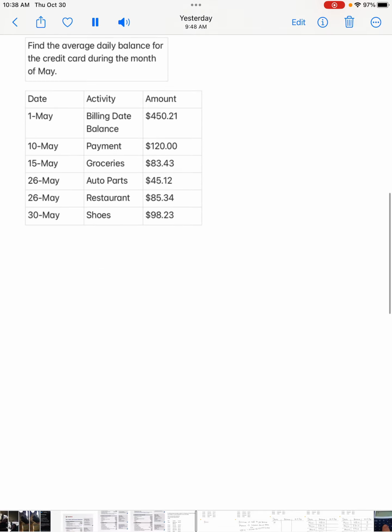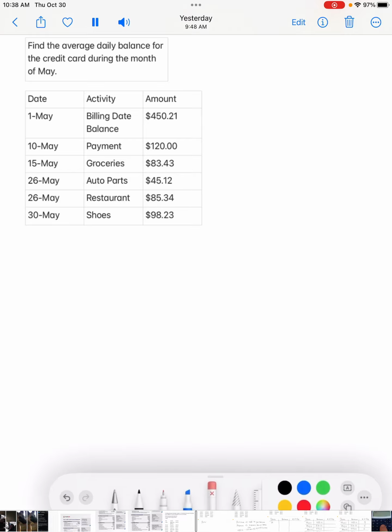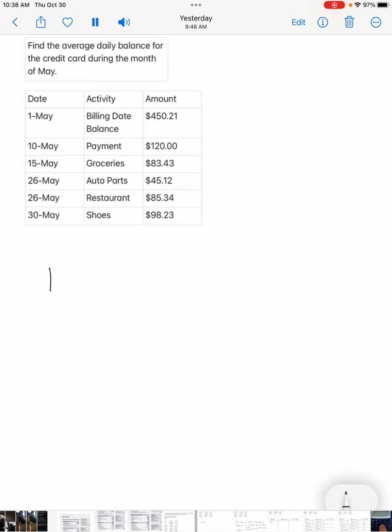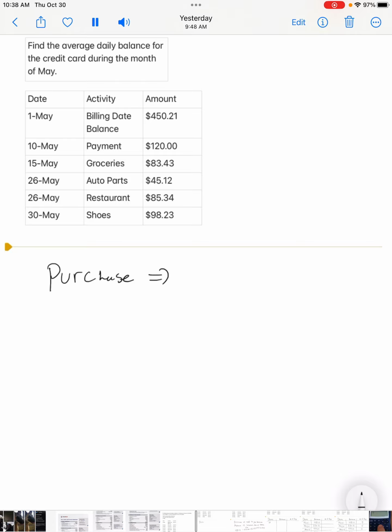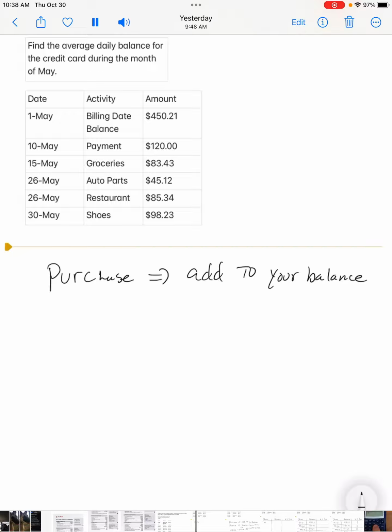So every time you make a purchase, let me get here and put in a pen. I think I'm in eraser mode. I am. It's important to realize every time you make a purchase, you add to your balance. Your balance is what you owe the credit card company. So when we start the month, we owe $450.21.